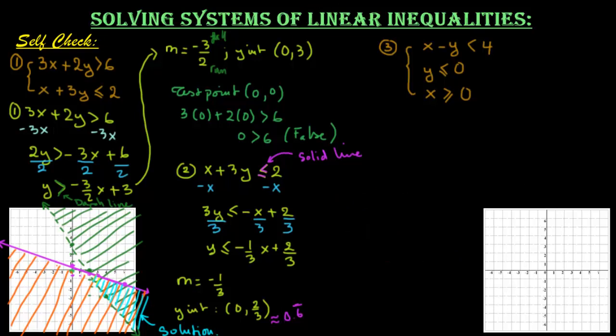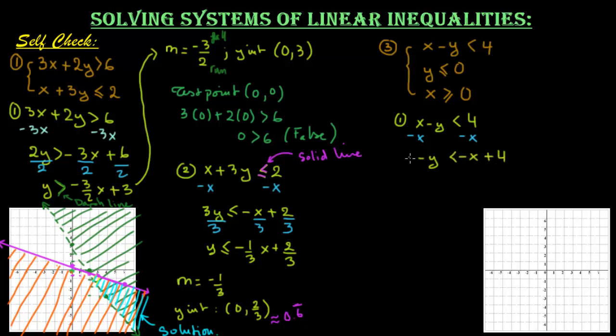Now on problem 3, we have three inequalities, so we have to graph each of them. Pick out the first inequality, x minus y less than 4. We have to solve for y, so subtract x on both sides. We have negative y less than negative x plus 4.